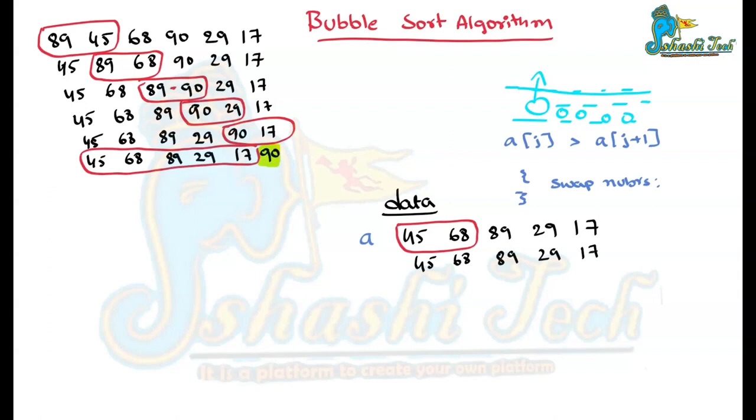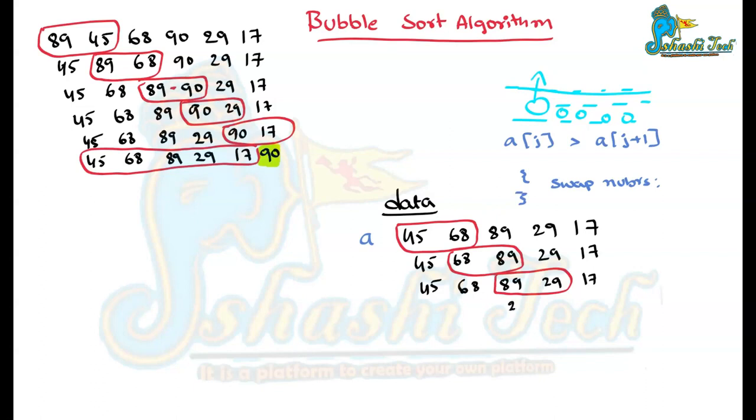Okay. Then again apply the condition to the next two adjacent numbers, that is 68 and 89. Here 68 is smaller than 89. Here also we need not swap the numbers. We shall write it as it is. Then again apply this condition to the next two adjacent numbers, that is 89 and 29. Here 89 is greater than 29.